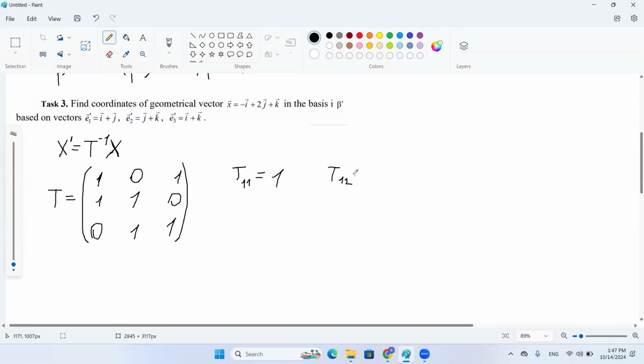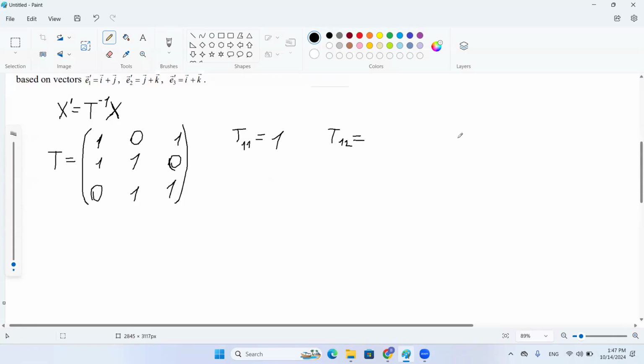T12 equals. Sorry for interrupting, but don't we need to transpose it firstly? We can transpose it now, we can transpose it later. It doesn't matter. Okay, I got it. Do it in a convenient way for yourself.